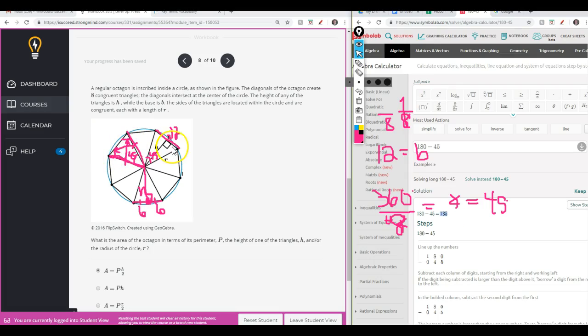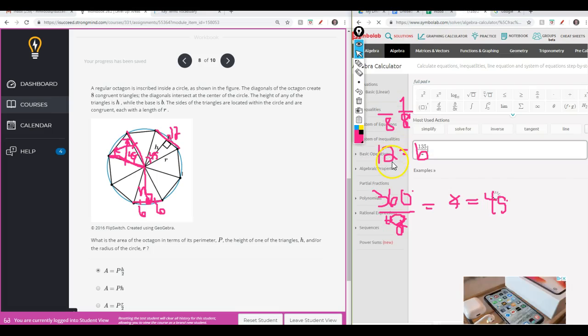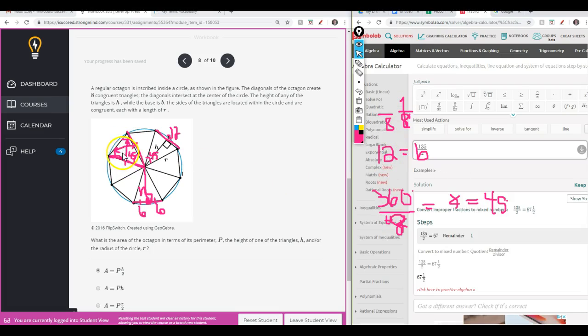Because they have to be the same, I'm going to take 135 and divide it by 2, because they're opposite the radii, which are the same. So it's 67.5 degrees. So we know that these angles right here are 67.5 degrees.